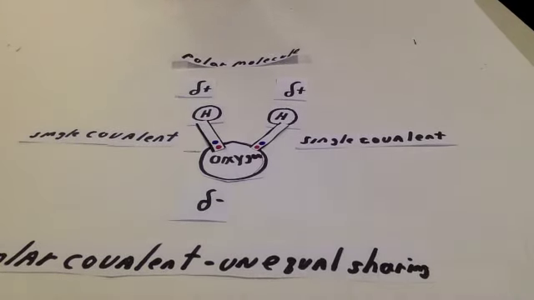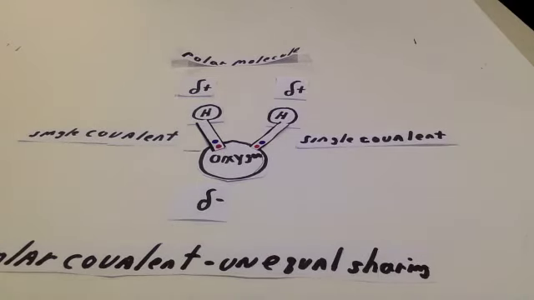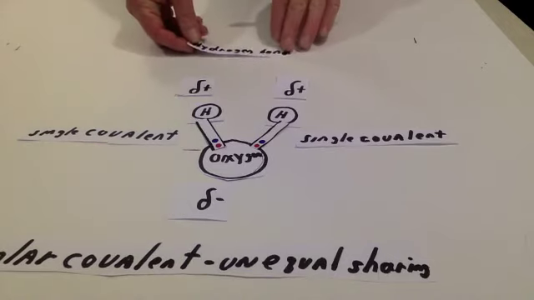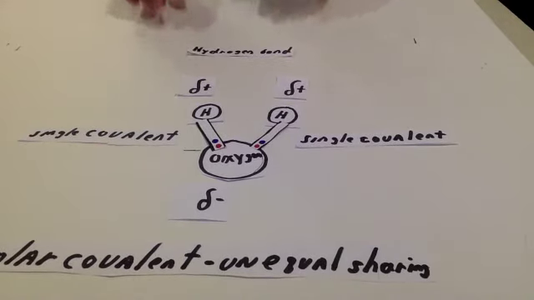And this is very important because due to water's polarity, it is able to stick to other water molecules and other substances via a hydrogen bond. And hydrogen bonds are the property of water that gives water all its magical properties.